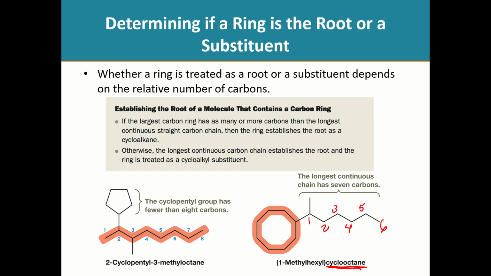But in this first example here on the left, we see that the parent name is what we see here, that it is an octane. Okay? And this 3-methyl right here is the substituent there. And then the cyclopentyl is the substituent on carbon 2.